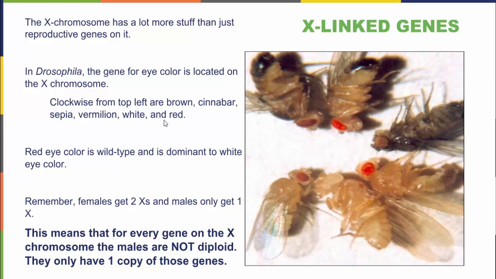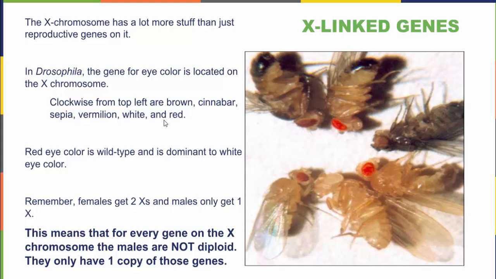Okay, so next topic here. So we talked about these sex chromosomes, and because females get 2 X's and males get 1 X, that means that males don't get 2 copies of the things that are on the X chromosome. And the X chromosome has some interesting stuff on it. It's not just reproductive genes.